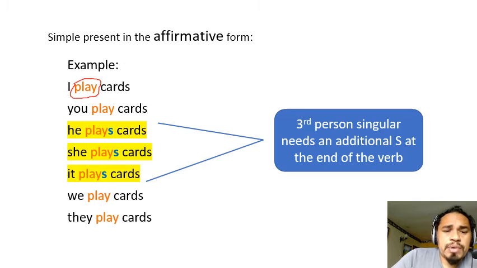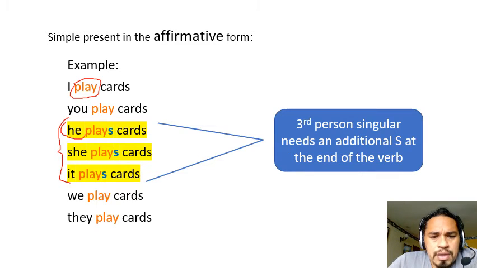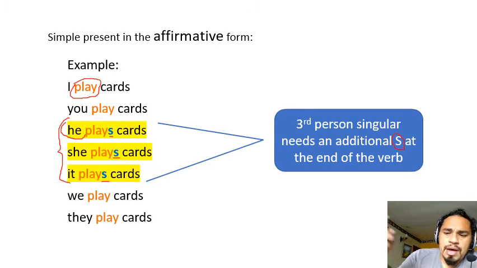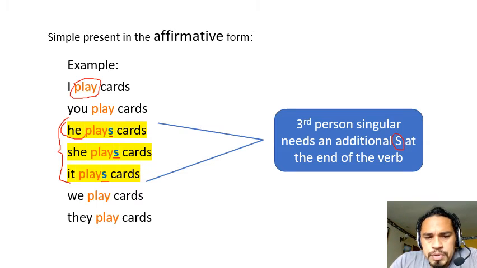But in the third person singular, that means he, she, it, we need to add an additional letter here, which is the third person singular s. En todas las terceras personas singulares, he, she, it, necesitamos agregar esa s al final del verbo. No es un plural, es una forma particular de la tercera persona en inglés.